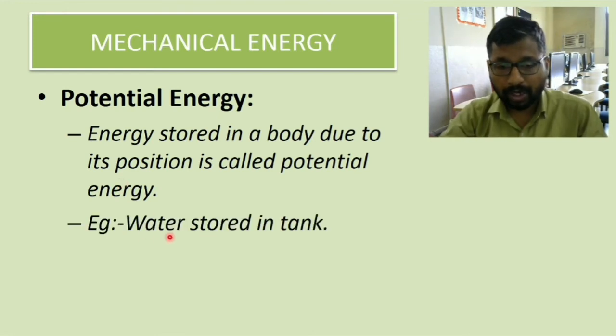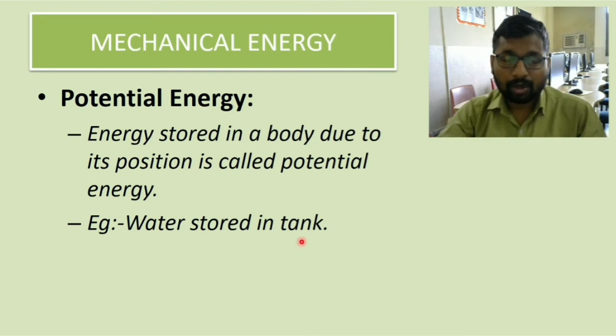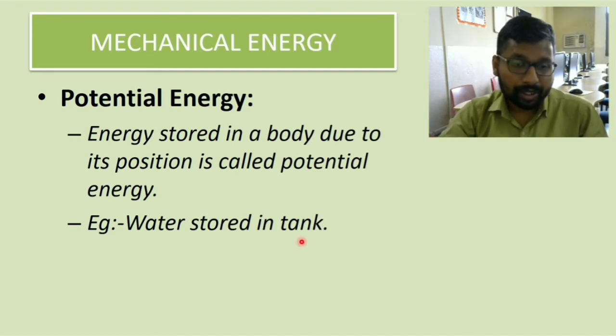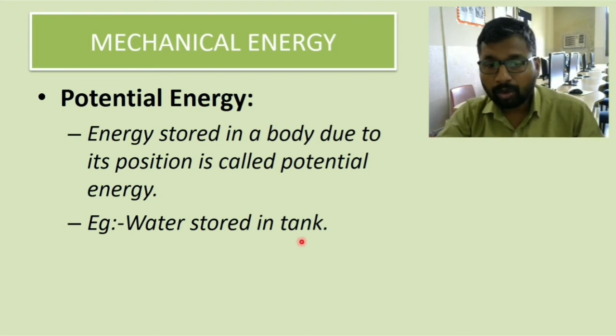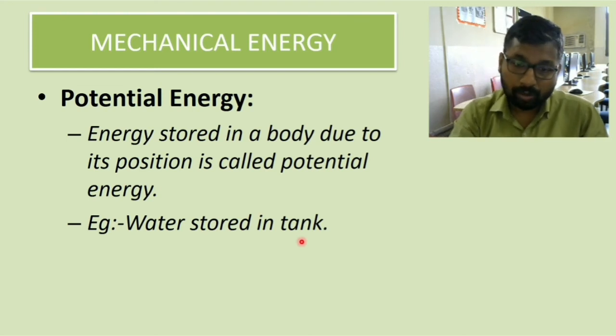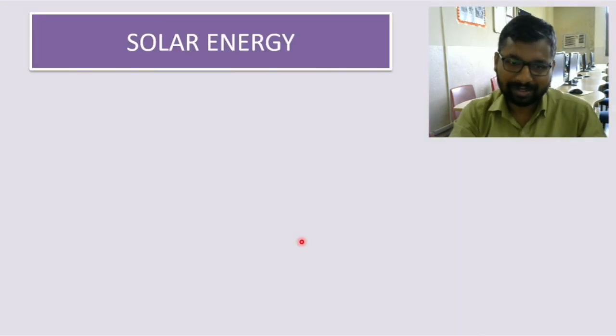A good example of it is water stored in a tank. You might not feel the energy of the water stored in a tank, but once you let the water flow, you will get to know its energy. Then potential energy will get converted to kinetic energy when it starts moving or flowing.